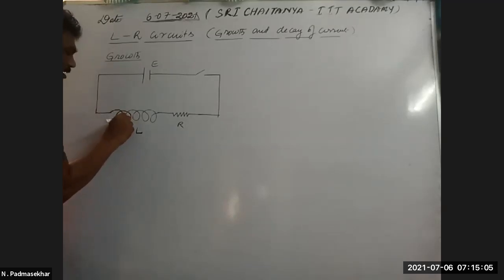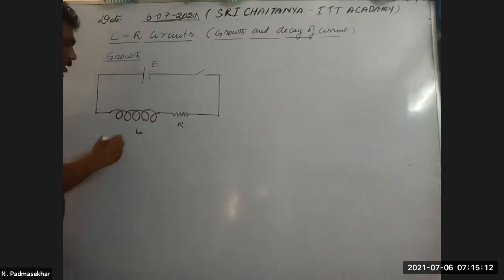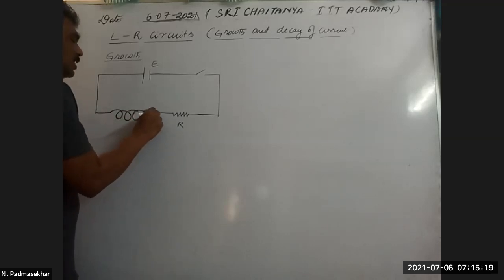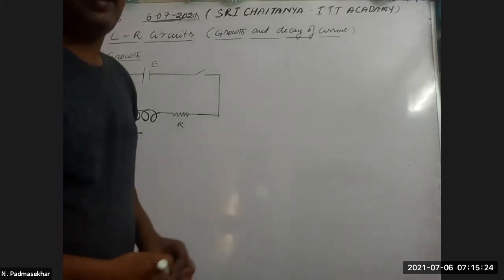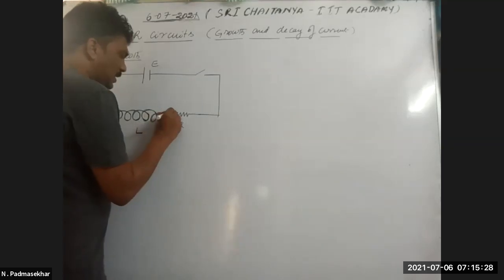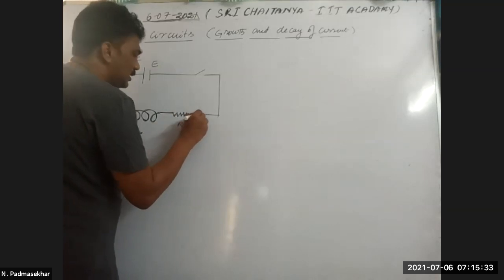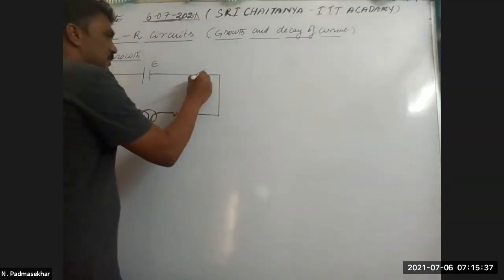In general a coil also has some resistance, since a coil is a wire. If it is not mentioned, we do not consider the resistance of the coil. If it is mentioned, we must consider the resistance too. So here the inductor and this resistance are connected in series, and this is the switch.